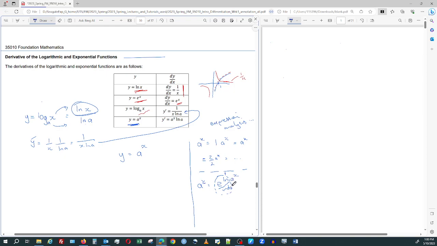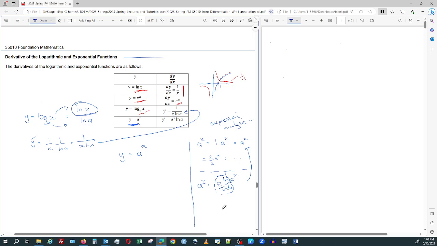So 1 times a to the x, 1 times a to the x. Okay, so is a to the x, which is up here. So it's exactly identical to this. So that's a neat way. Now this is a bit more of an advanced gymnastics, I accept that, but nevertheless, what a great way to deal with this.